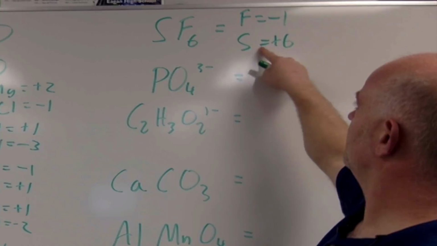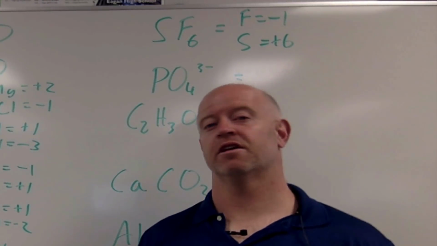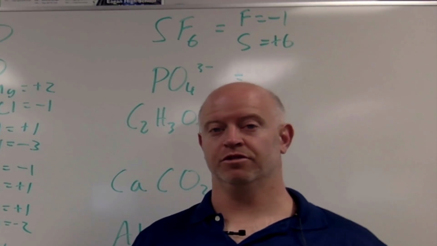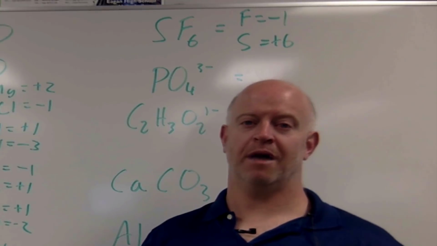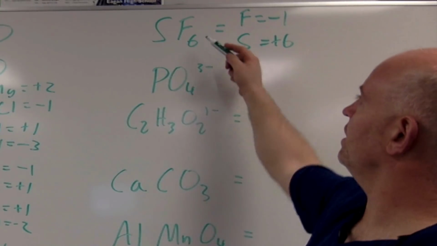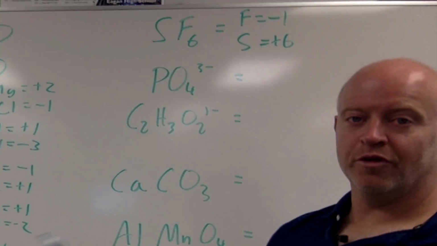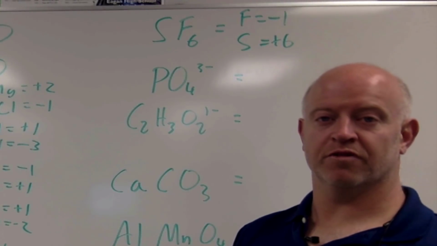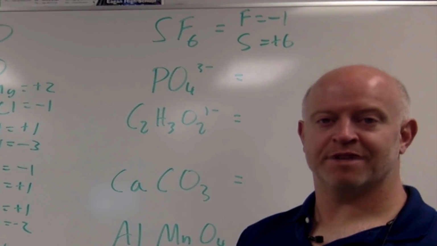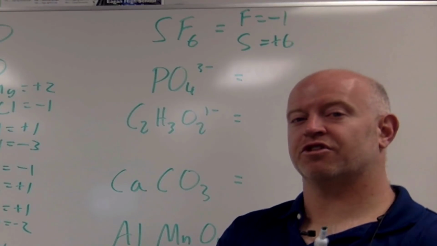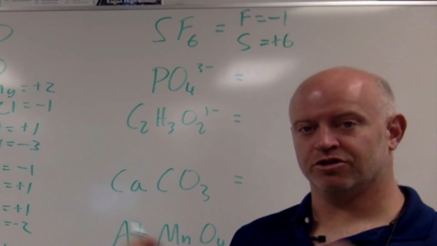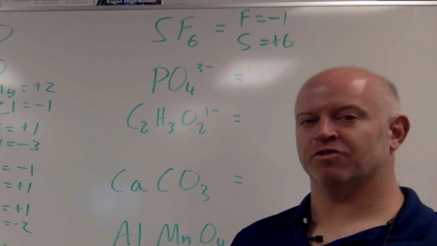That seems odd, because usually we think of sulfur having a charge of -2, which is true. But keep in mind, if sulfur is bonding with fluorine and it's more electronegative, the fluorine is going to be pulling the electrons away from sulfur. So sulfur is not going to have as many as it normally has. Instead of the sulfur trying to gain 2 electrons, it kind of gives away 6.